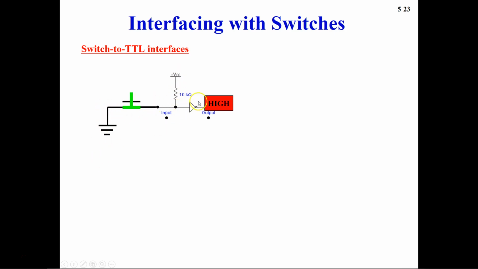And if that's the case, then here you will have low input or zero input. If zero input is there, then at the output you are going to have 1 or high. So that's why you have this case which is called your active low switch. And in this particular case we have used a pull-up resistor.